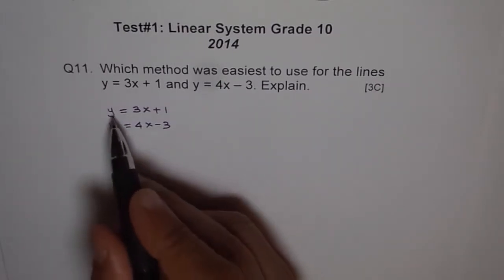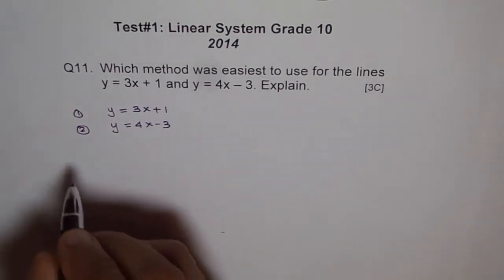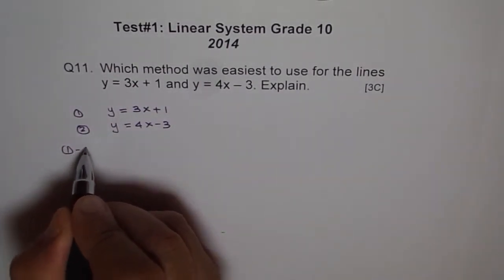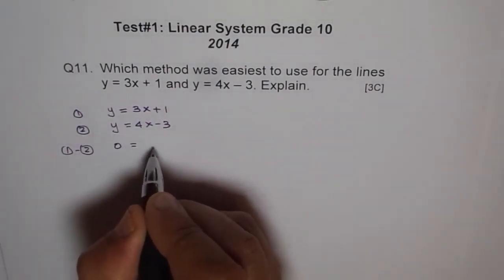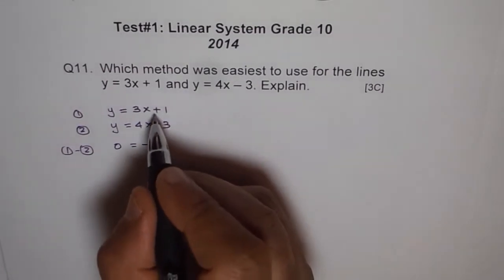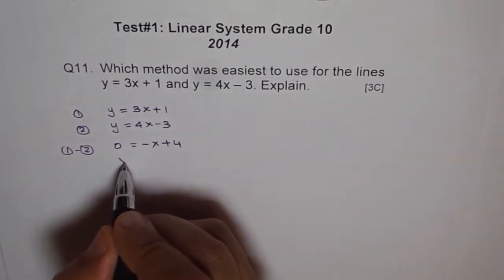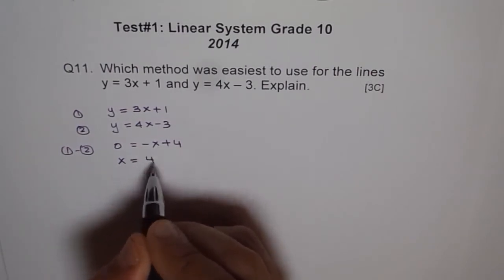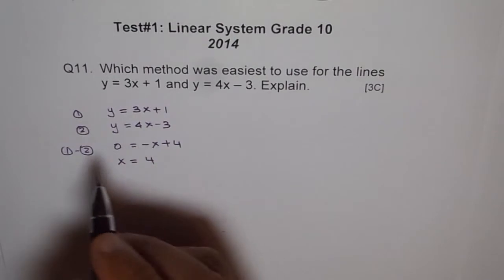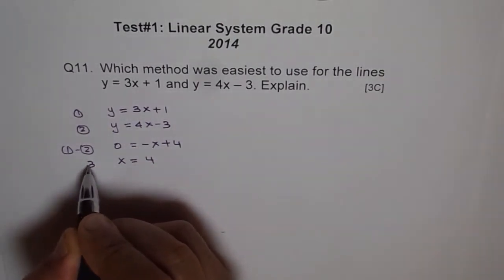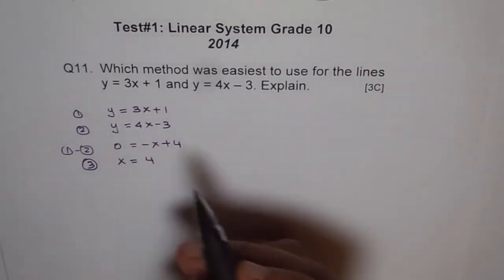For example, let's say this is my equation 1 and that is my equation 2. If I do 1 minus 2, then I eliminate y. So I get 0 equals minus x, and here I get plus 4, and so I get x equals 4. Perfect. If I plug in 4 in any one of my equations, let's say this solution is equation 3, I can get y.